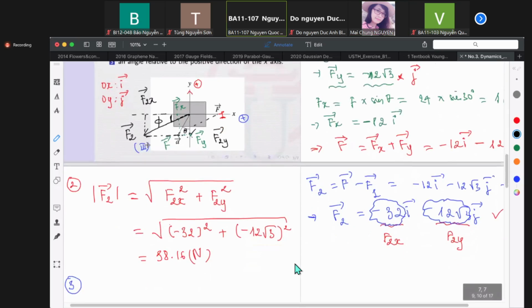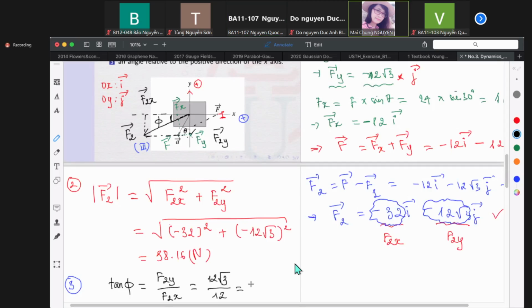We calculate the tangent, is that right? We apply the formula tan phi, which relates to the components: F2y over F2x. Yes, is that true? So what about it? You have 12 root 3 over 32.